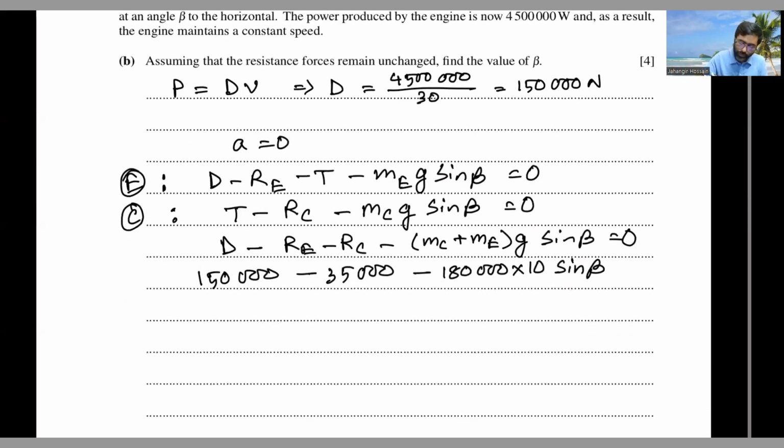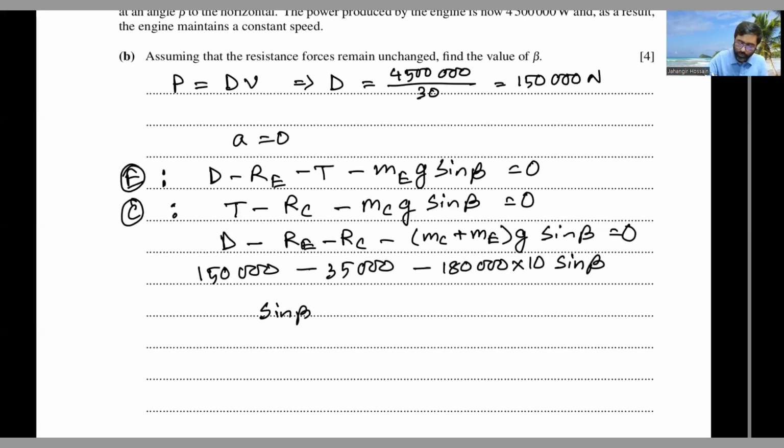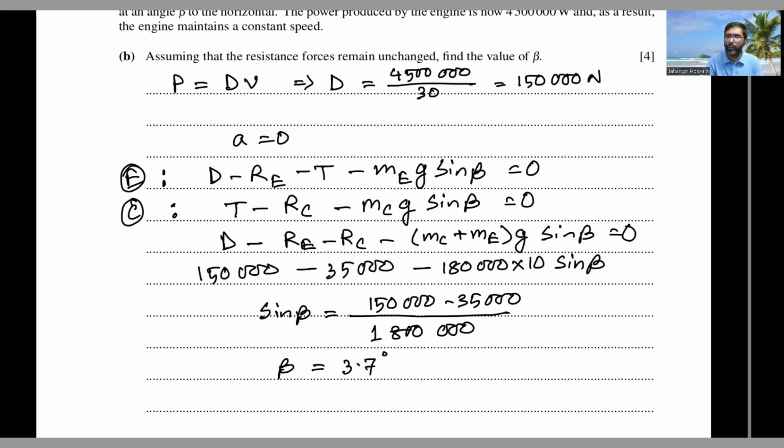So sin beta is 150,000 minus 35,000 divided by 1,800,000. Then beta is sin inverse of this. If you write the answer correct to one decimal place, it's 3.7 degrees.